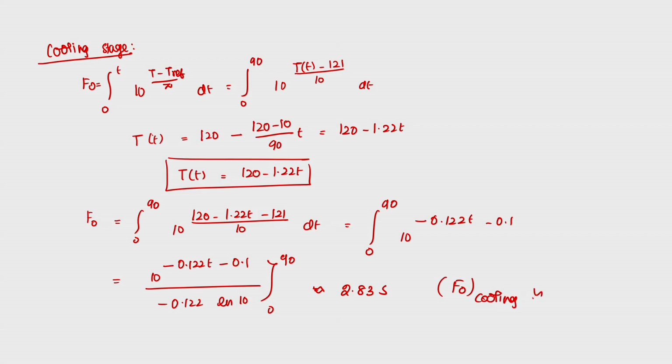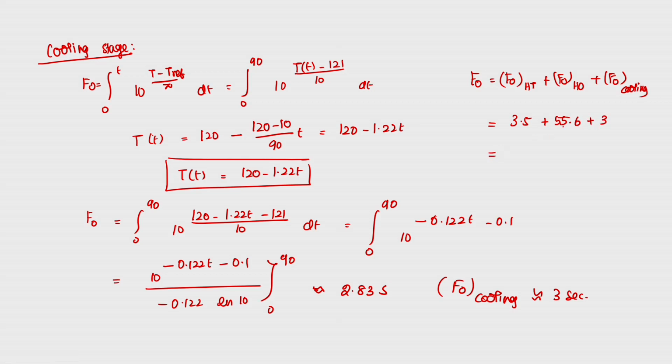So, F naught for cooling is approximately 3 seconds, right. So, now we calculate the total F naught. Total F naught is F naught at heating, then F naught at holding, plus F naught at cooling. So, how much? 3.5 seconds plus 55.6 plus 3.